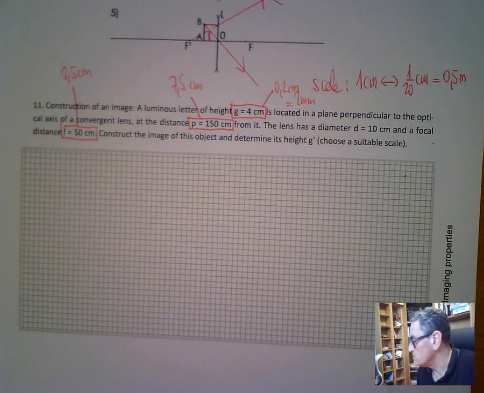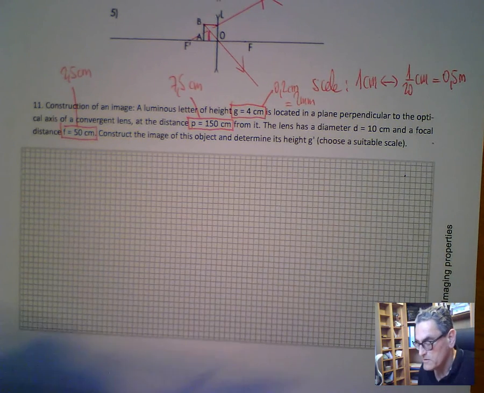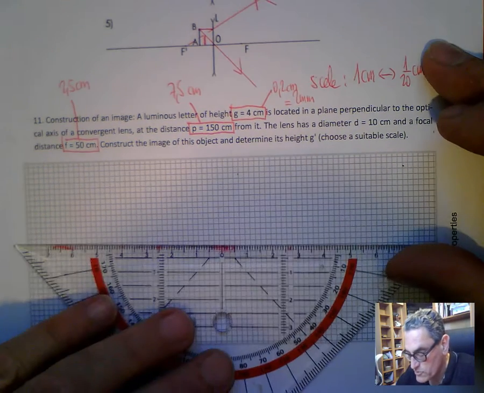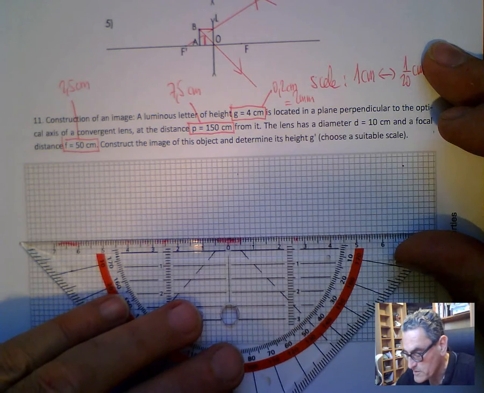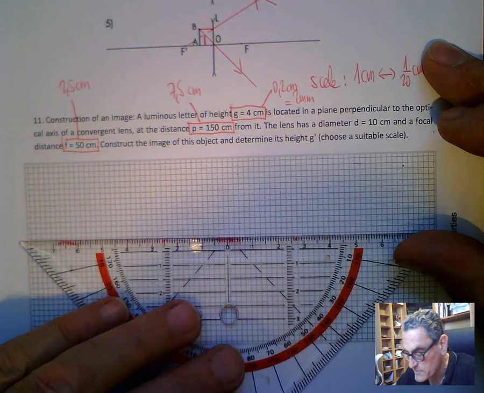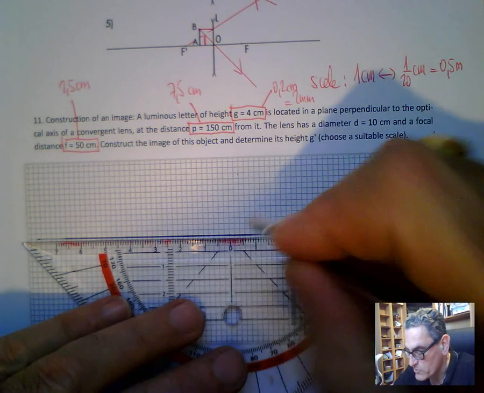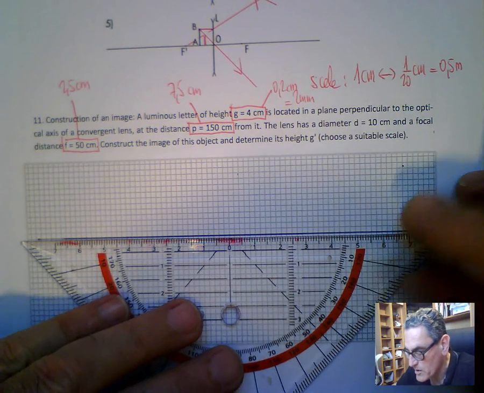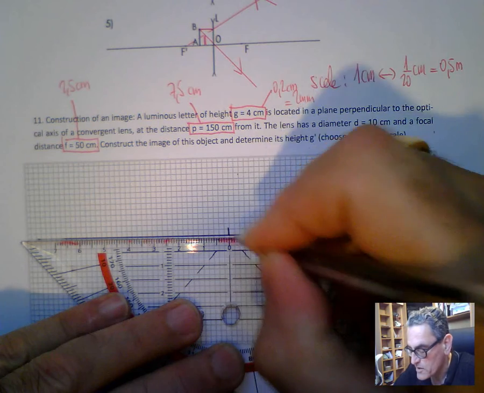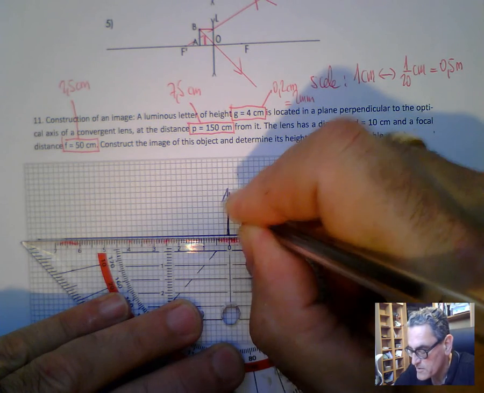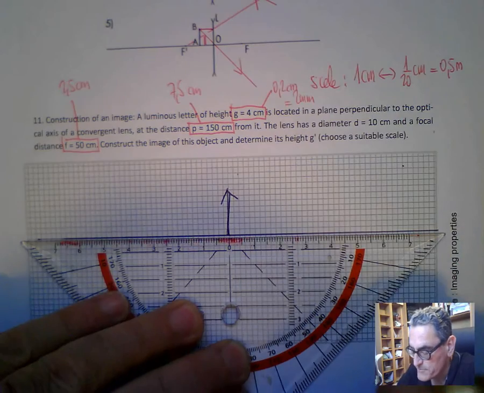Now let's draw this. So we need, as usual, to draw an optical axis. Somewhere around the middle of this optical axis we put our lens. So the lens will be here.